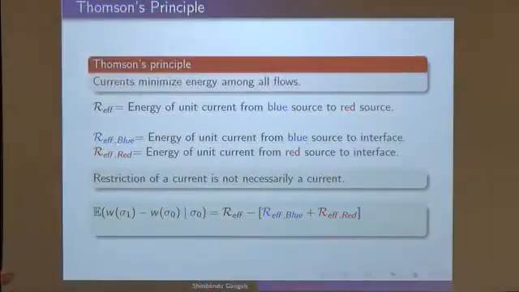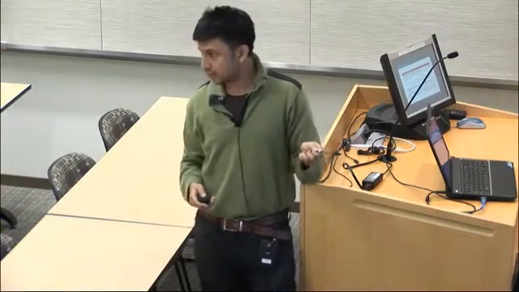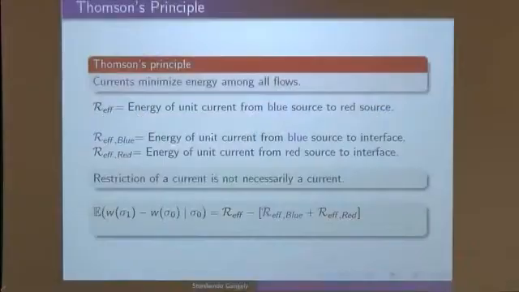If you take the flow on the whole graph going from one source to the other source and restrict it to the blue part and the red part, they will give you honest flows on them which have the same divergence as this current flow. So they have at least as much energy as these ones. So RF should be at least as big as the sum of these two, because RF restricted to blue is bigger than this, RF restricted to red is bigger than this, and these are disjoint sets.